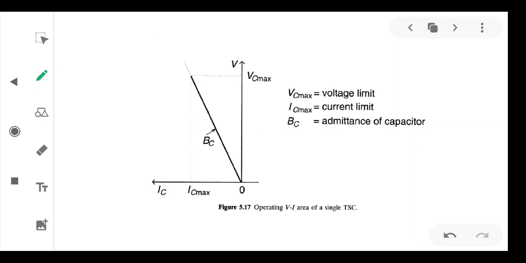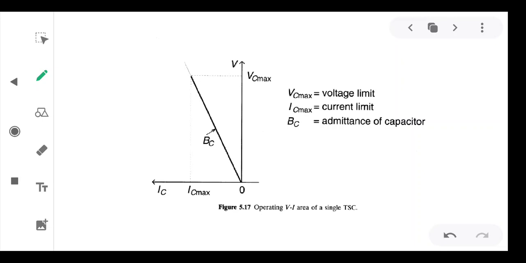In fact, IC max is equal to BC into VC max, so BC is equal to IC max by VC max. That is the correct equation related to TSC.